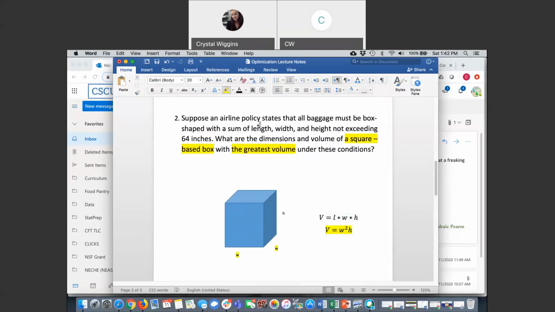So we look back up here for some more information and I see that the height cannot exceed 64 inches. Oh, wait, I got to go back farther. Sum of length, width, and height cannot exceed 64 inches. So we need to use that to come up with another equation.